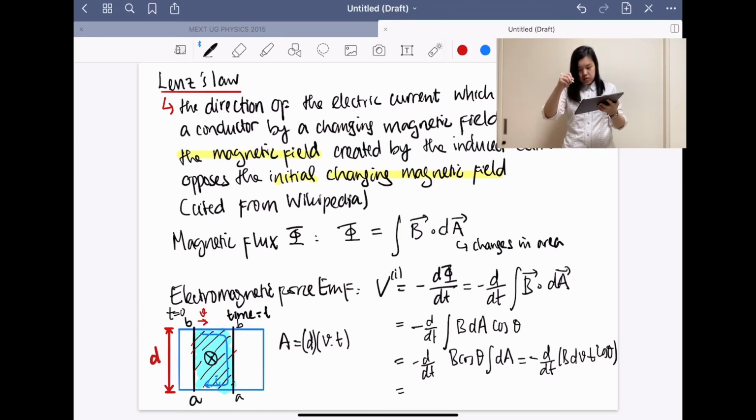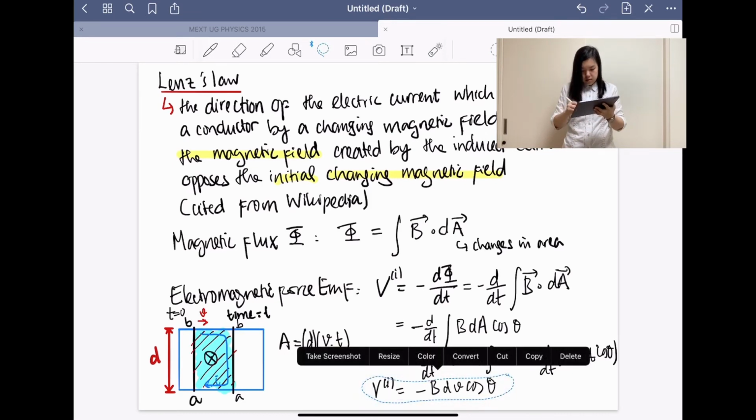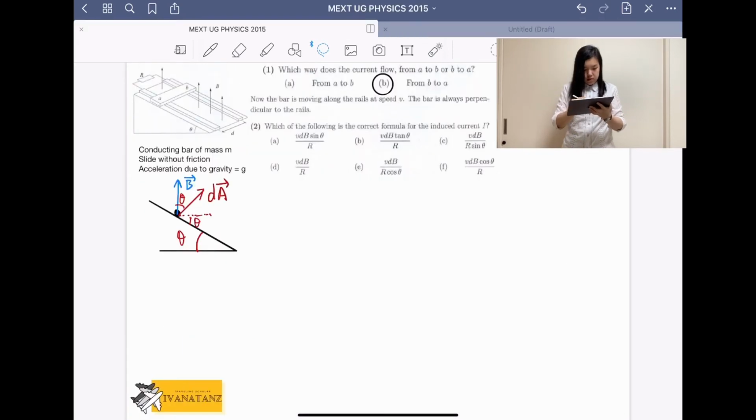Try to differentiate this equation. We have minus B d v cosine theta. Okay, this is the EMF. Now let's take that and put it here.